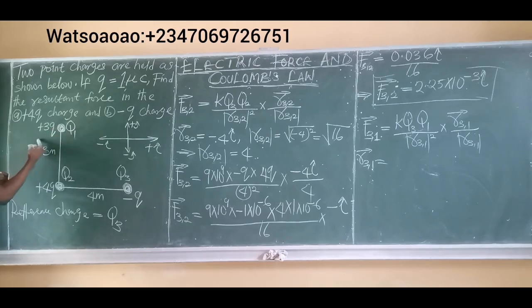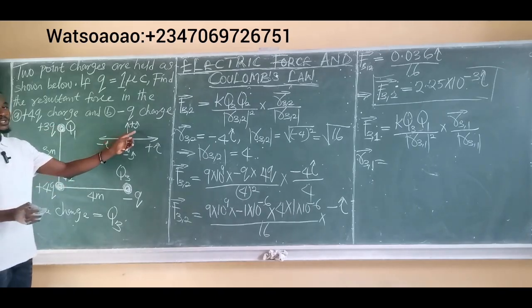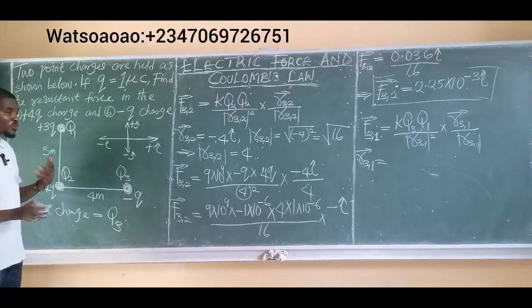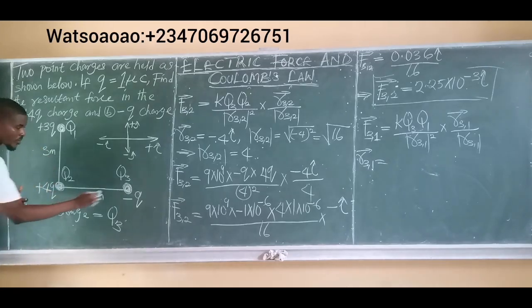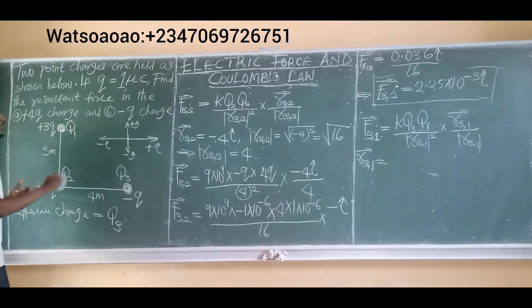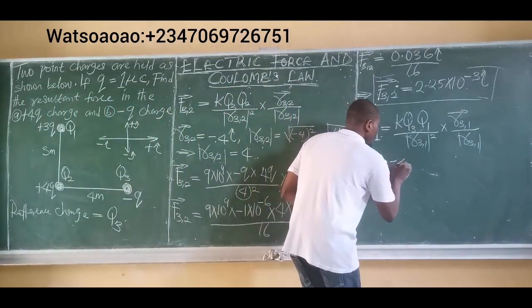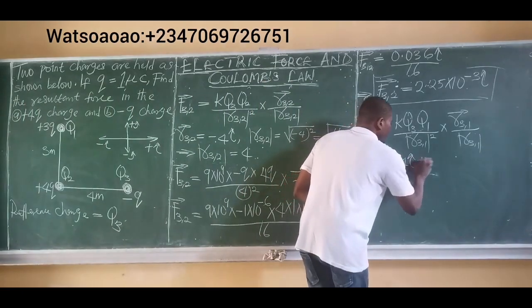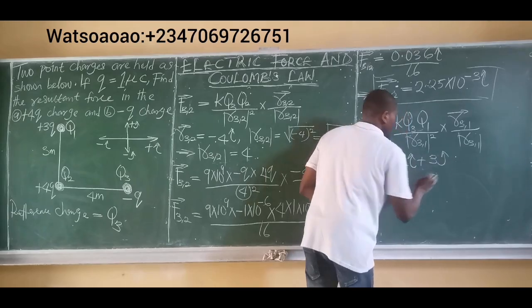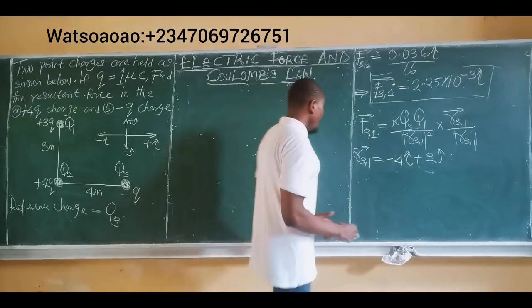I cover a total distance of 3 meters, which is the plus J direction. So my position vector becomes minus 4I plus 3J.